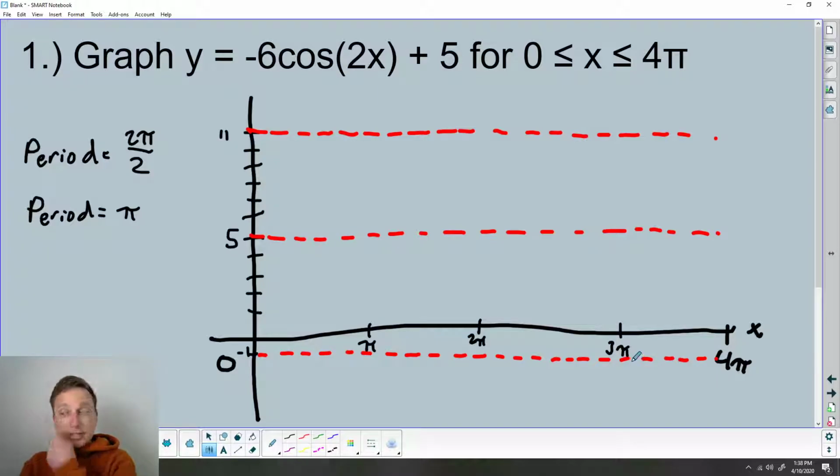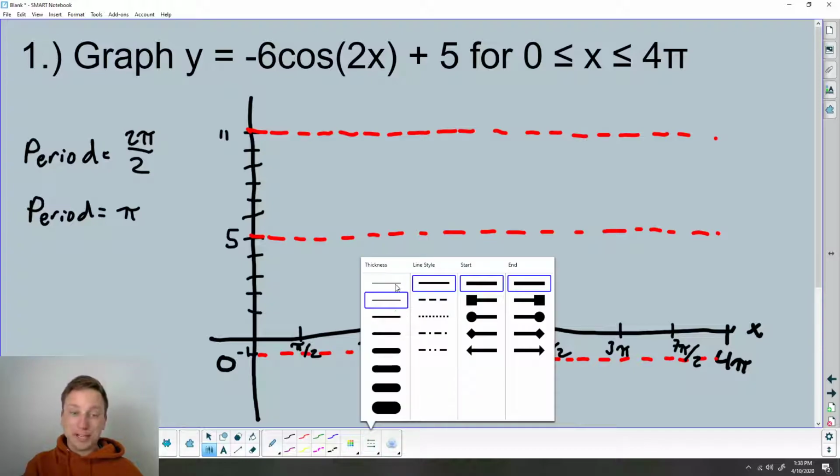So now if we start building our axis, we're going halfway. So we're going pi halves. Similarly, 3 pi halves, 5 pi halves, and then 7 pi halves.